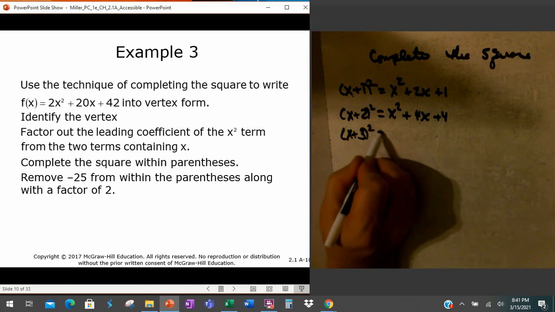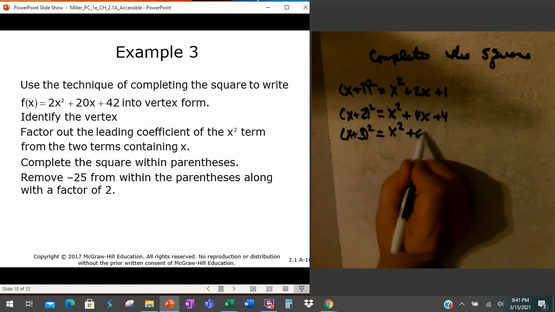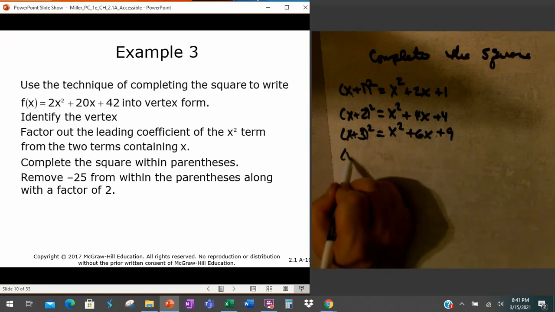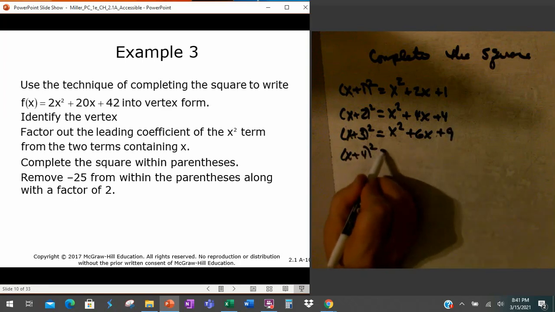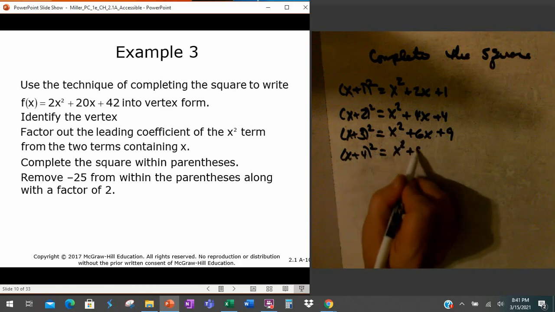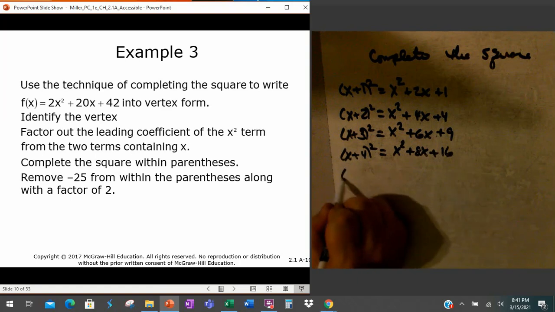X plus 3 squared: square the first, 3x doubled is 6x, and then I square the last. Two more, and I'm going to stop. X squared, 4x doubled is 8x, and then square the last, and then one more.